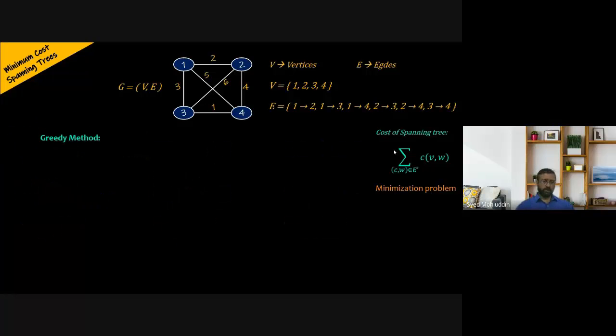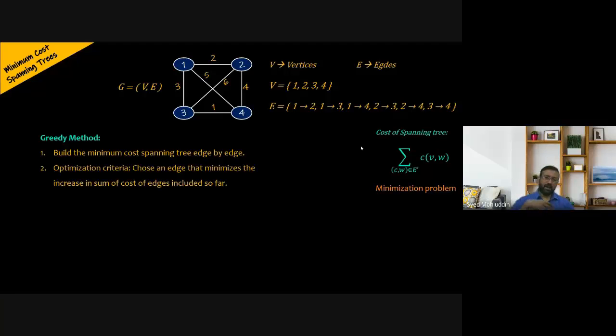Now let us move further. What will be the greedy approach? The greedy approach of constructing a minimum cost spanning tree is to construct the tree edge by edge, taking one edge at a time. The next edge we choose should minimize the increase in the sum of the cost.